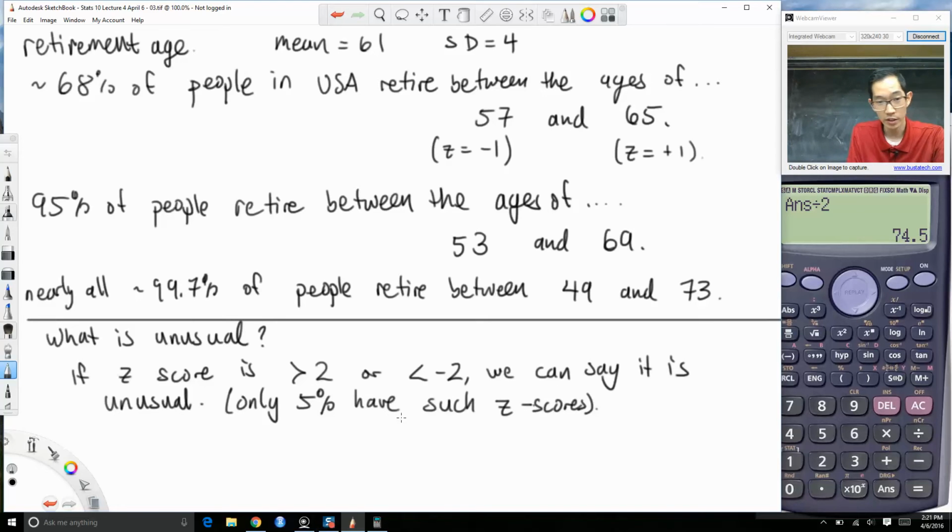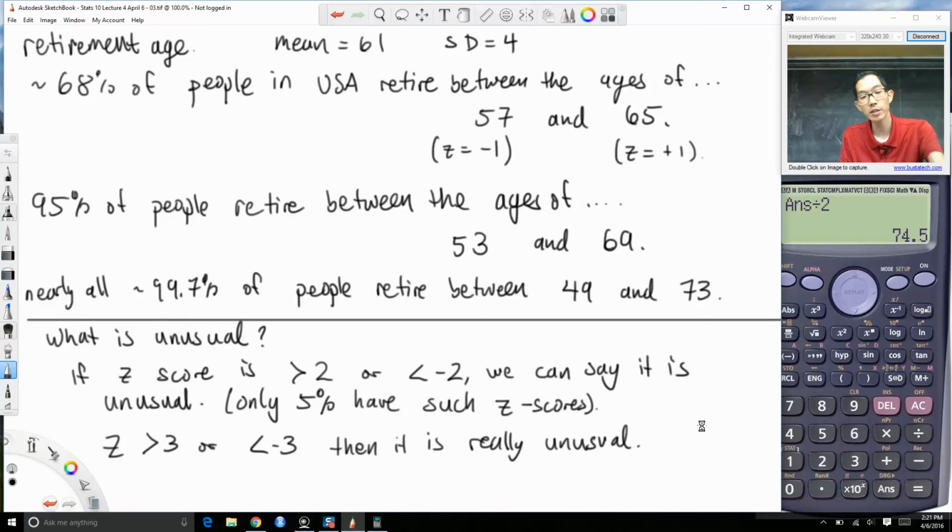Okay, and then if z is greater than 3 or less than -3, then it's really unusual. And again, these are rules of thumb. Sometimes you've got extremely skewed situations where maybe this isn't as reliable, but this is pretty good.